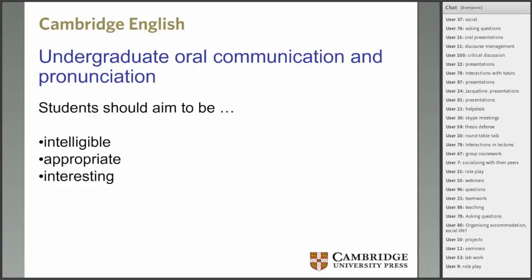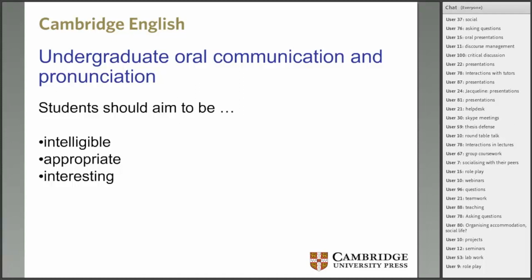So when we look at the relationship between oral communication and pronunciation, I think that students should aim to be intelligible, appropriate in the kind of oral communication that they engage in, and sometimes they need to be interesting. If they're giving a presentation, they need to be interesting.